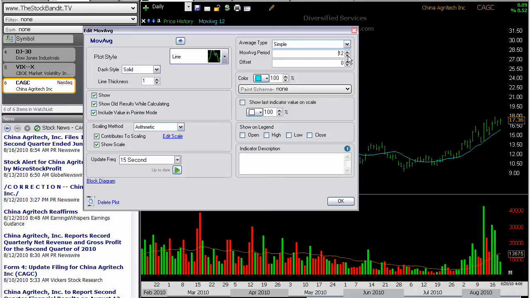I want to see that price is being respected, and right about here, we'll call it the 12 period moving average. Again, nothing magical whatsoever about that number. Simply, it's a value that this particular stock has been respecting multiple times in recent weeks, and that's what I want to see. So I never want to get married to a particular value here when it comes to the moving average period. I want to find a value that whatever stock symbol I'm looking at is really respecting. So in this case, it's the 12.